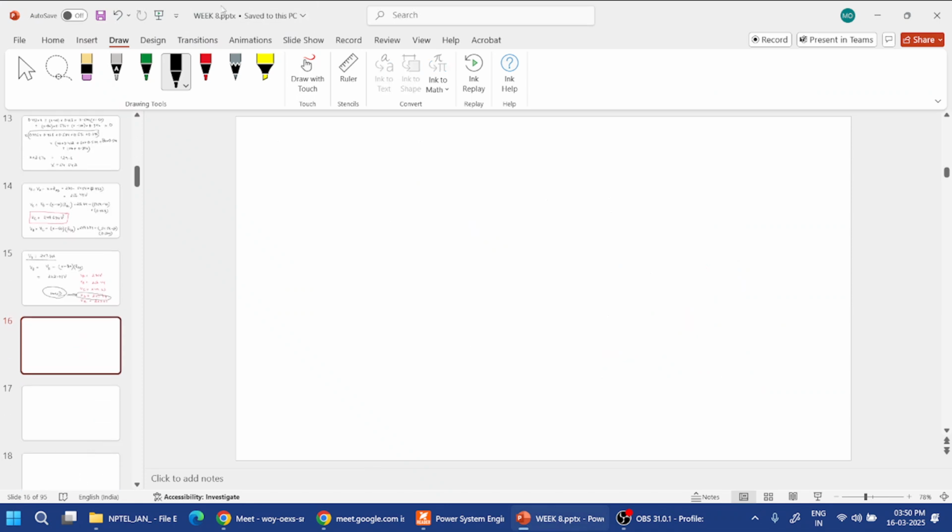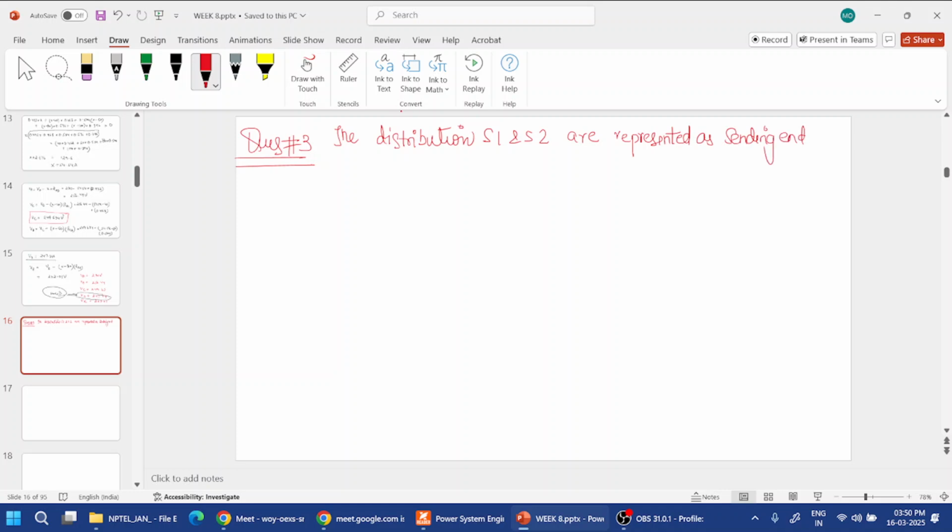So now next question. In the distribution system, S1 and S2 are represented as sending end and receiving end nodes, and their values are given.